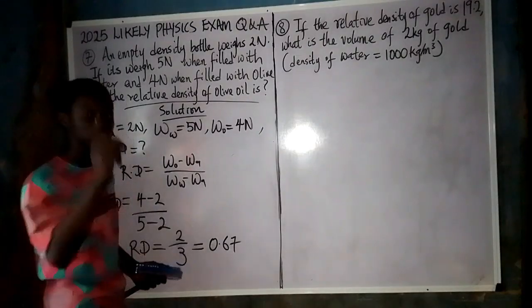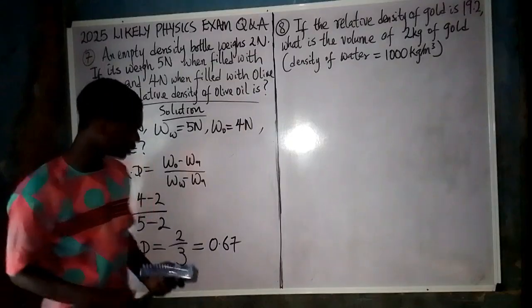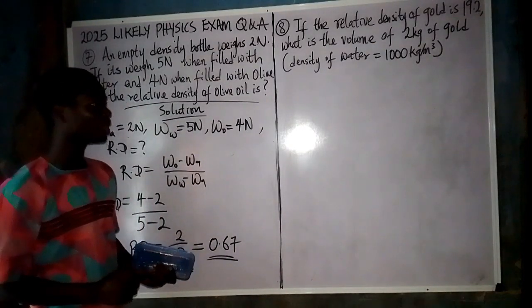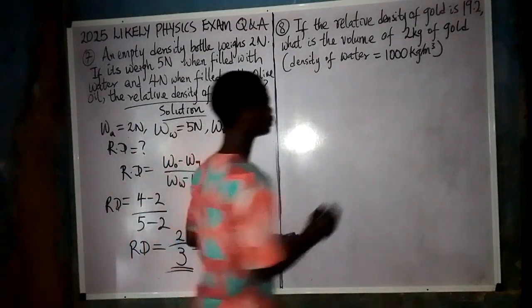So the quantity in physics, relative density, has no unit. So when you get here, this will be your answer, depending on the options you are given. So we go straight to the next question.